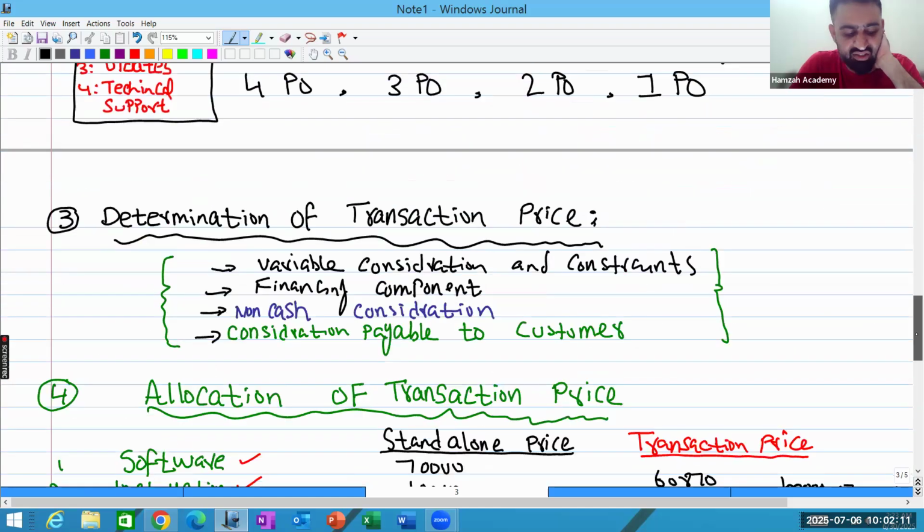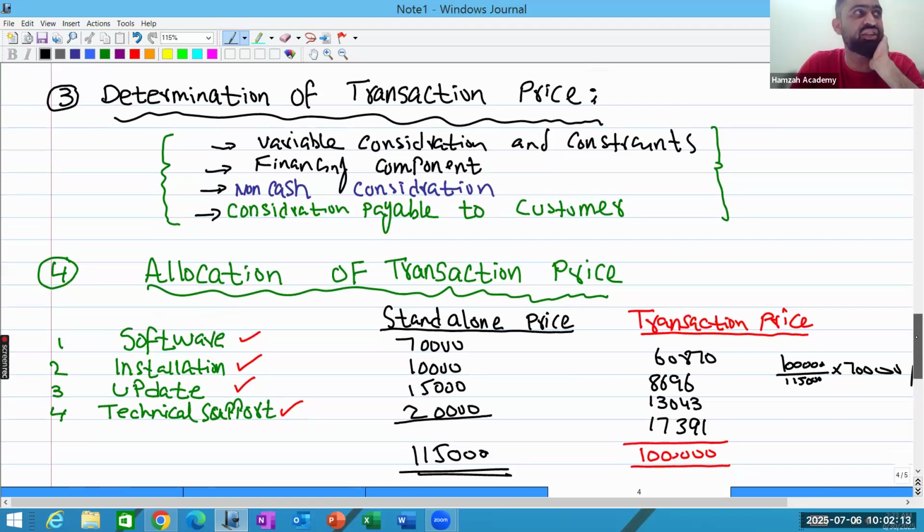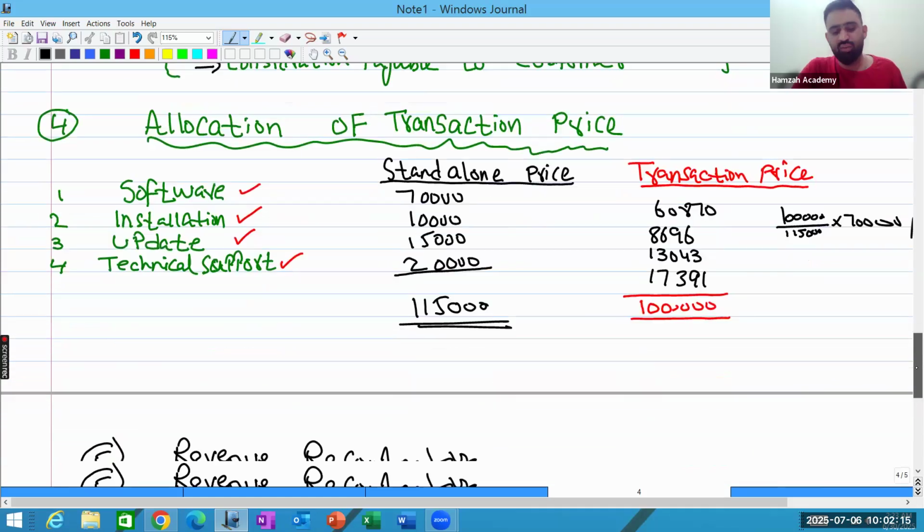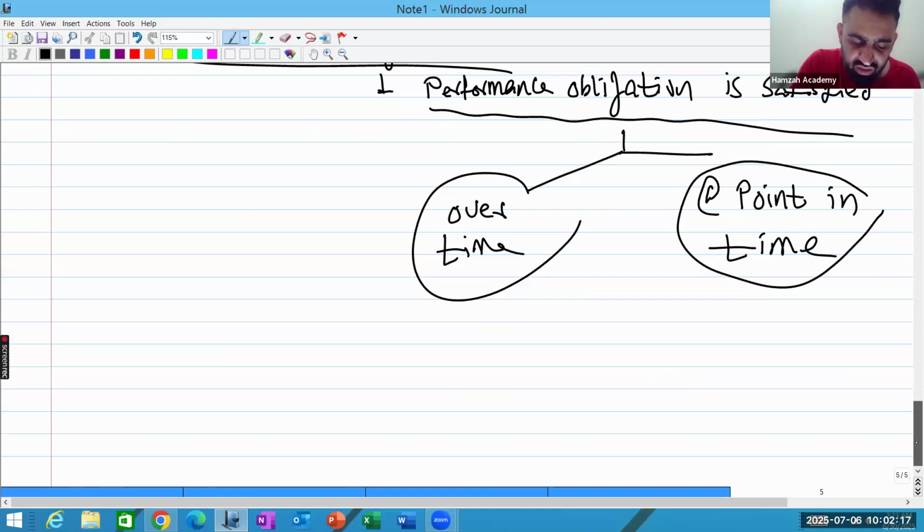Then we will discuss the determination of the transaction price and so on. So in the coming class, I will take you into more detail on the 5-step model and the remaining topics of IFRS 15. Okay, that is from my side for today.